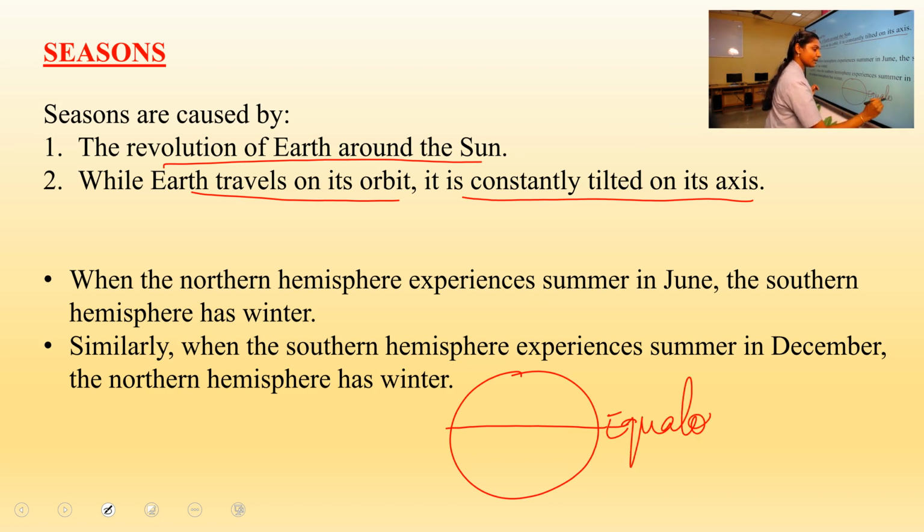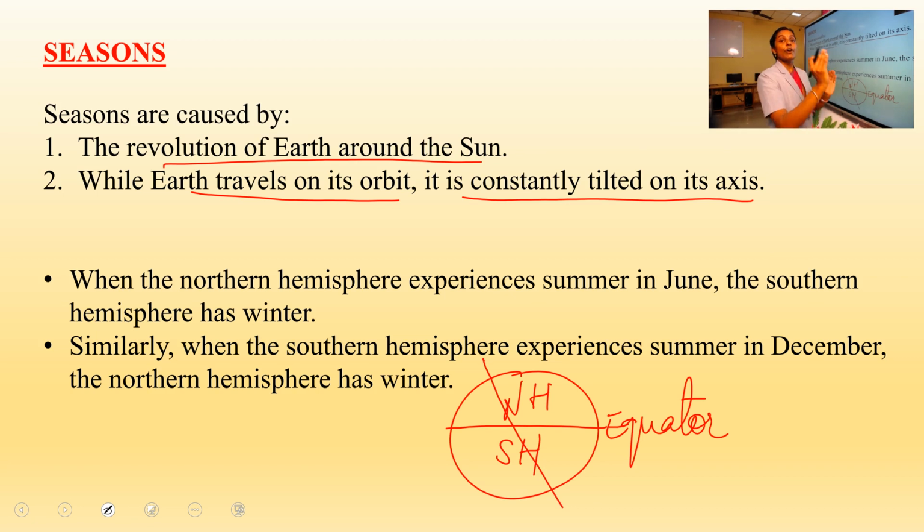So the equator divides the earth into the northern hemisphere and here the southern hemisphere. And I have told you the earth is tilted to about 23.5 degrees.